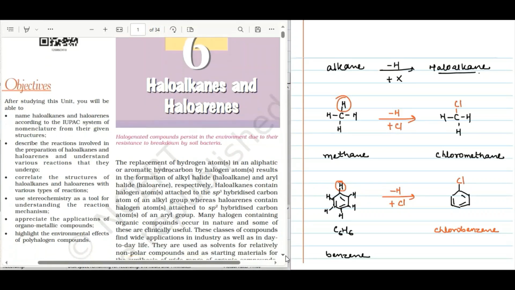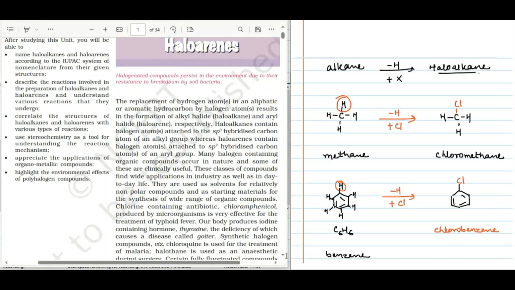Now continue. Haloalkanes contain halogen atom attached to sp3 hybridized carbon atom of an alkyl group, whereas haloarenes contain halogen atom attached to sp2 hybridized carbon atom of an aryl group.